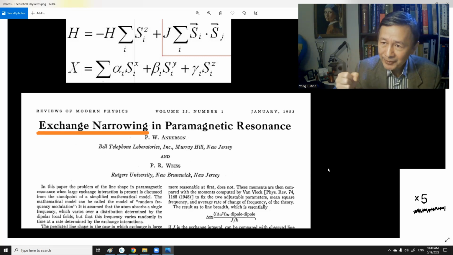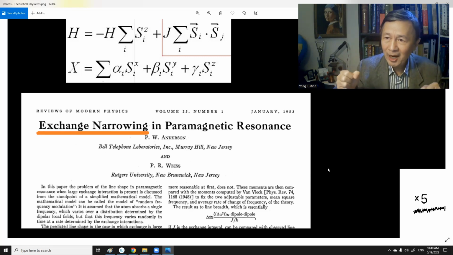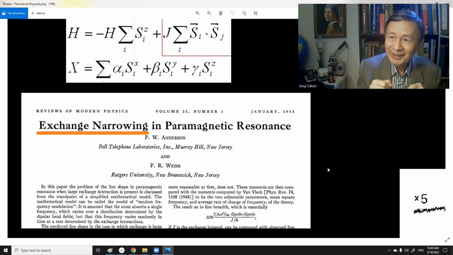Namely, the boson is exchanged by a pair of fermions in order to generate that interaction. So exchange force is a quantum idea, which was first discovered when we studied the wave function of helium.